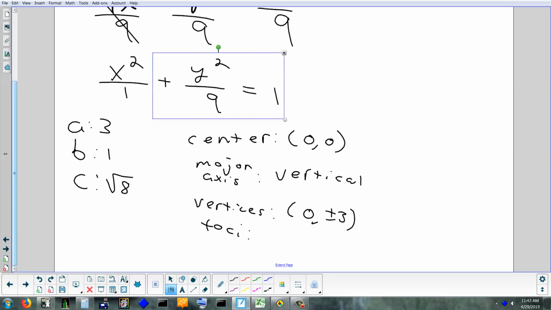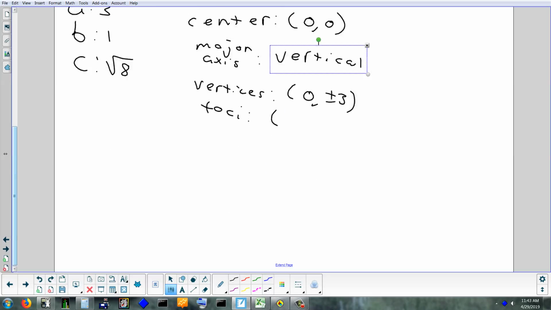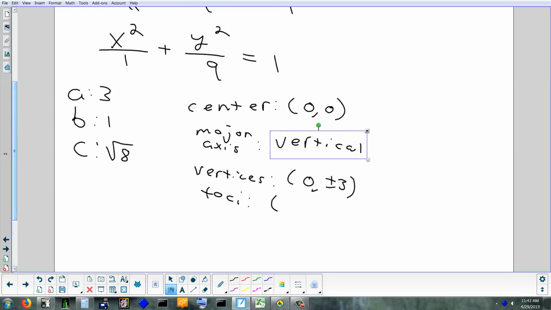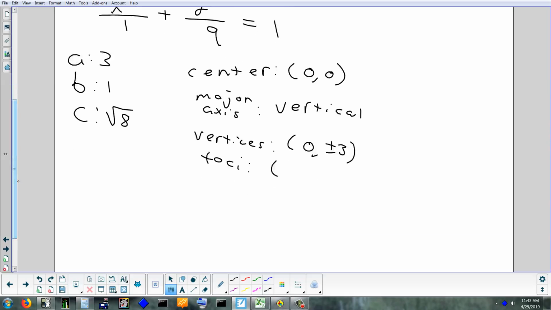Which way? Left and right would be if it was horizontal. Here it's vertical, up and down. So if I go square root of 8 units above the center, I'm at 0, comma, square root of 8. If I go square root of 8 units down, I'm at 0, negative square root of 8.